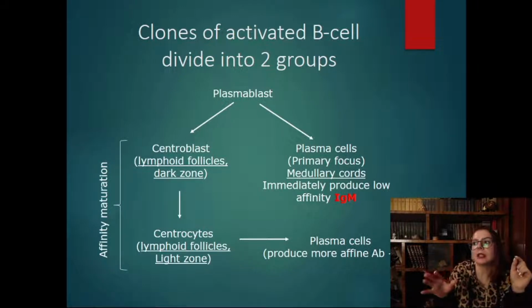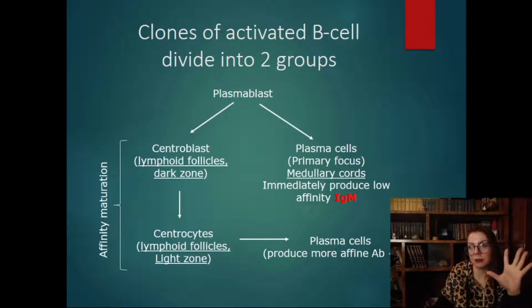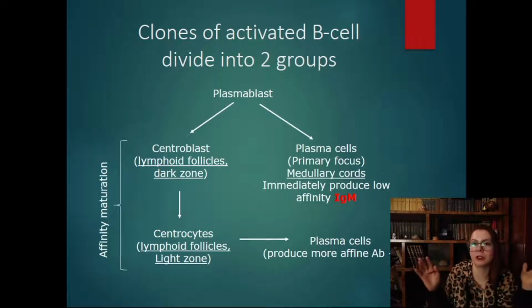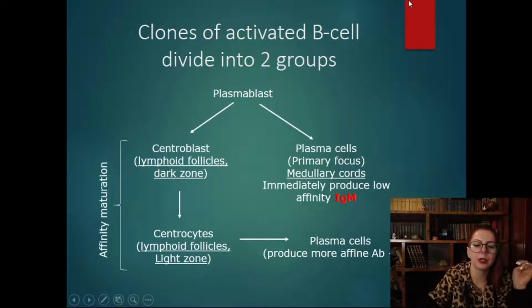They recognize antigen very weakly, but they can be produced immediately in a high amount, and they are pentameric in structure. So they can neutralize antigen more or less effectively because of their high number.